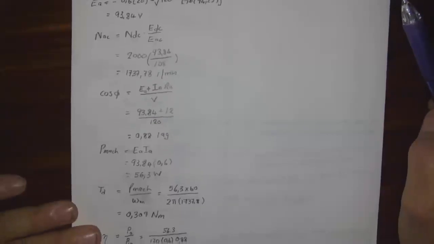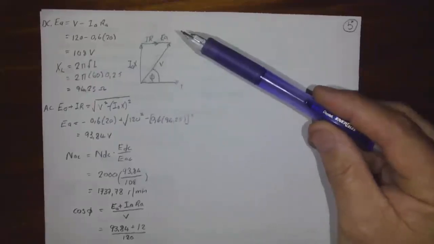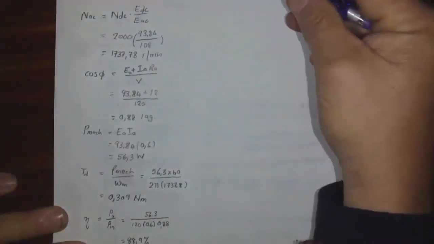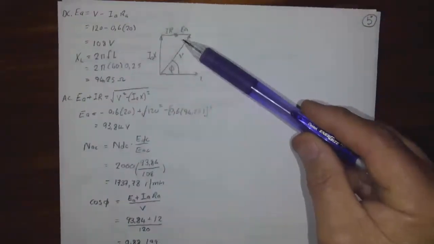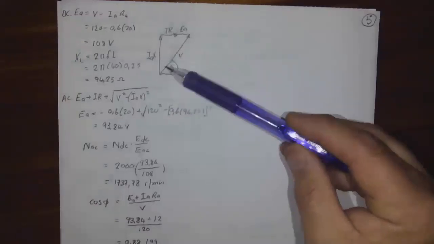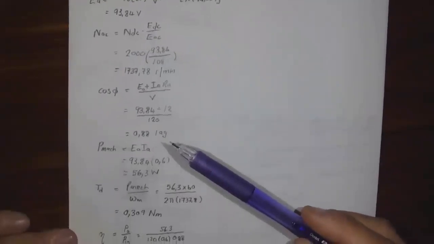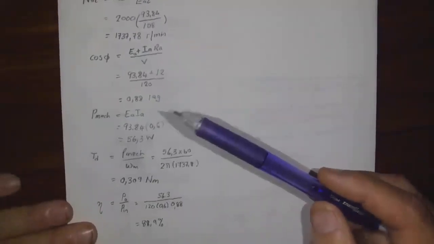Power factor angle, cos phi, is EA divided by EA plus IR, which gives us that voltage there, divided by the voltage there. That gives us that angle there. So that means it is 93.84 plus 12 divided by 120 gives us 0.88 lagging.